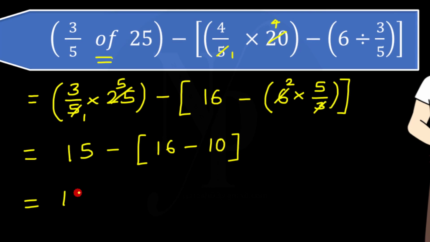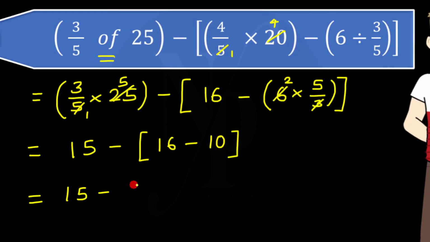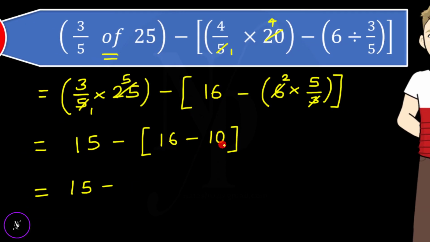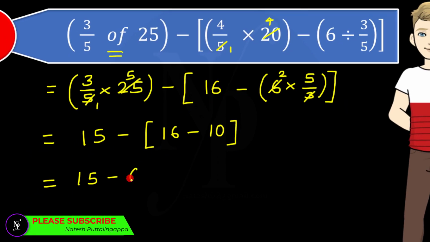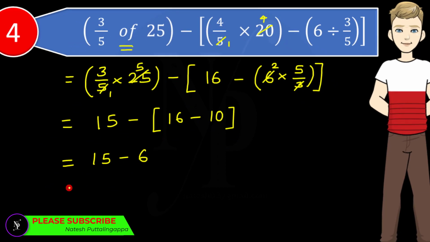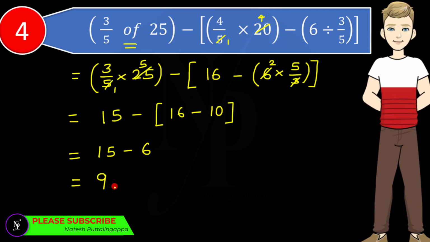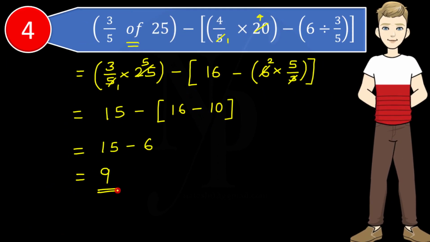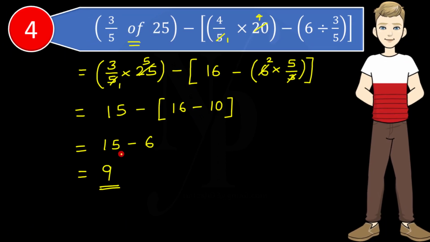Here I write 15 minus 16 minus 10 is 6. So subtracting 6 from 15, I get 9. Therefore, 9 is the simplified form of the given expression.